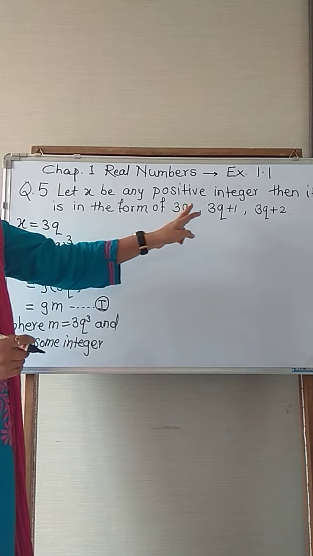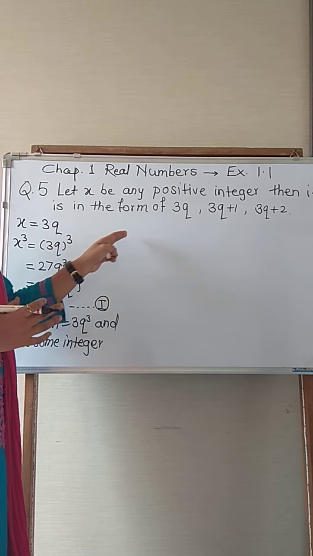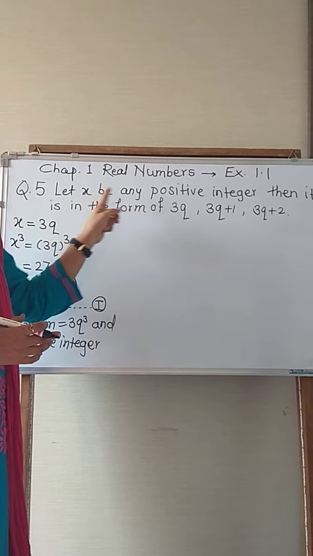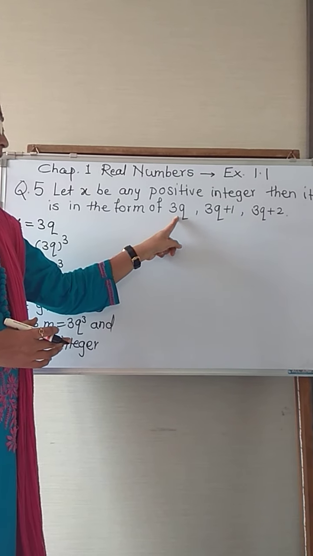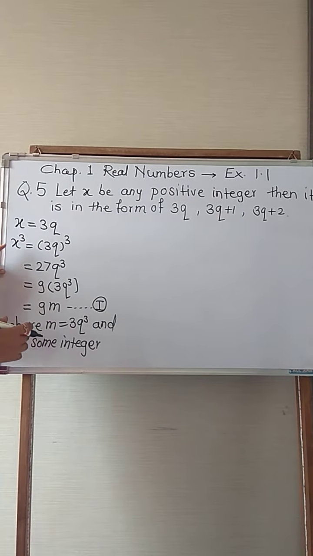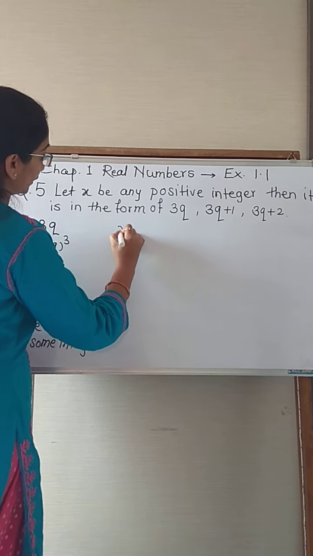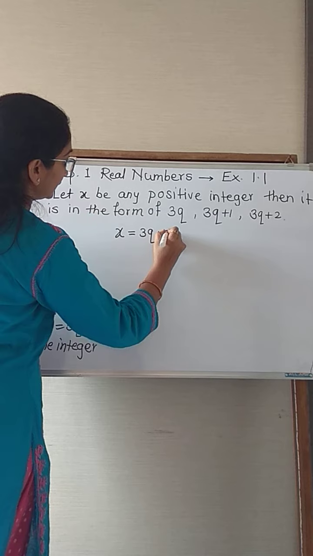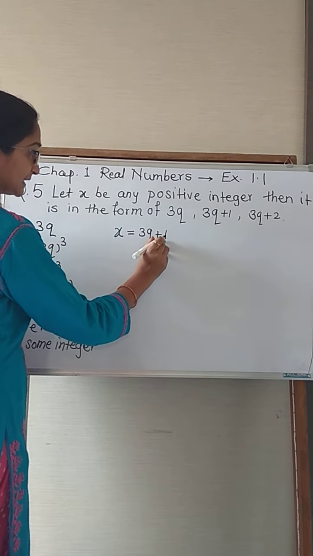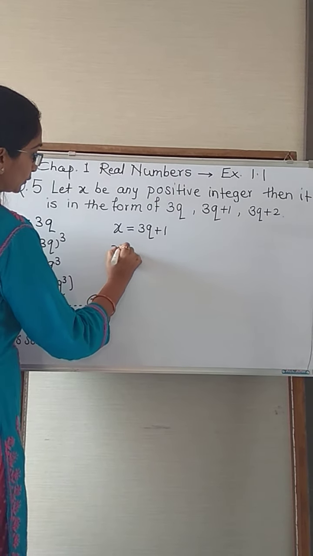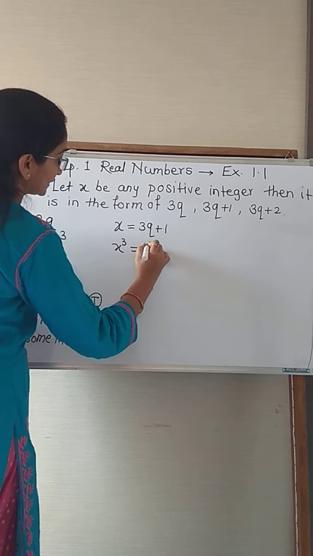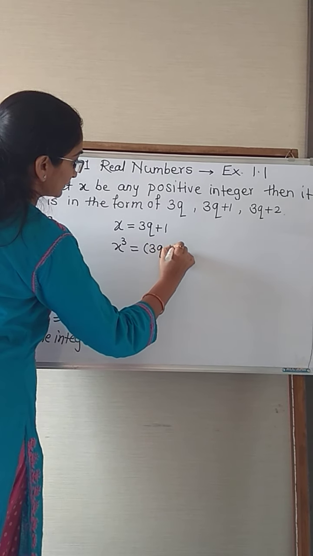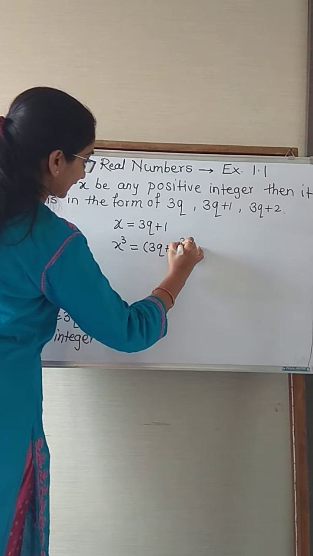Here again they want the cube of the positive integer, so we consider the positive integer in terms of q. Now here we are going to take x is equal to 3q plus 1, the second positive integer. So taking cube on both sides, we will get (3q plus 1) cube.